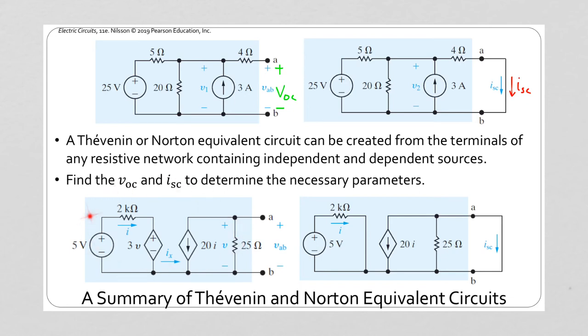If we have an even more complicated network where we have dependent sources, we can still find the open circuit voltage, and we can still find the short circuit current. And that will still give us the same Thévenin and Norton equivalent circuits. This is probably the most complicated way, but also the way that always works.